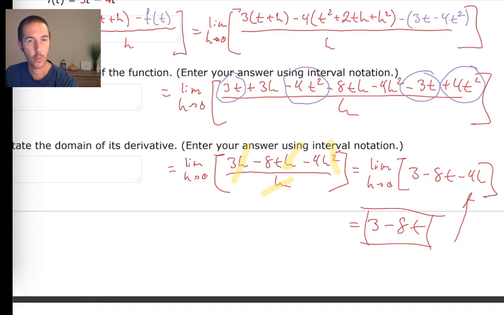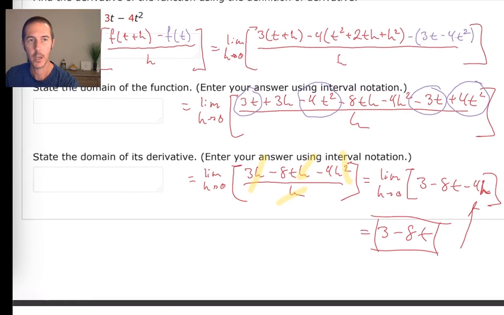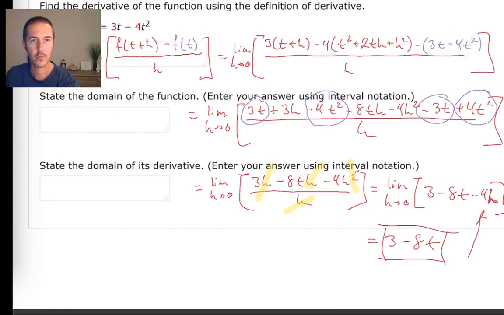That says minus 4h there. All right, so just a reminder of the process to go through using limits in order to find the first derivative of a given function. Be careful, be organized, spread out, use lots of paper, skip a line here and there in order to keep each one of these stages of the process well defined.